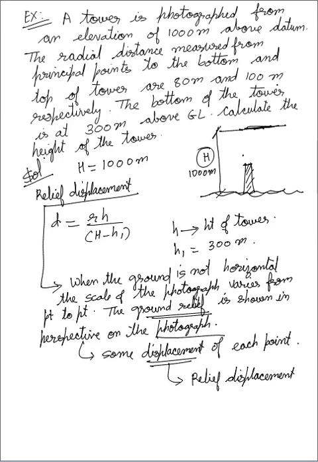Another thing you should remember is that this relief displacement, which is denoted by d, is inversely proportional to your flying height. Remember this, it is one of the most important relationships between flying height and relief displacement. Another thing to remember is that relief displacement increases as the distance from the principal point increases.